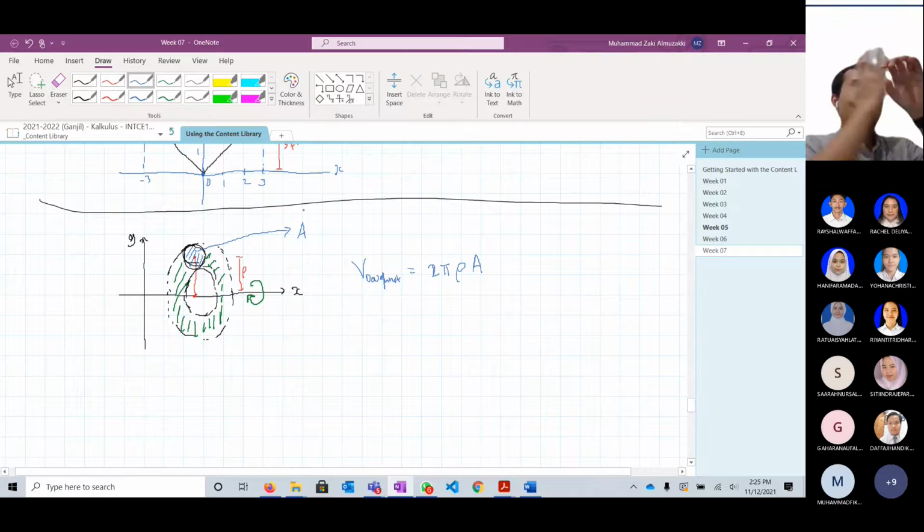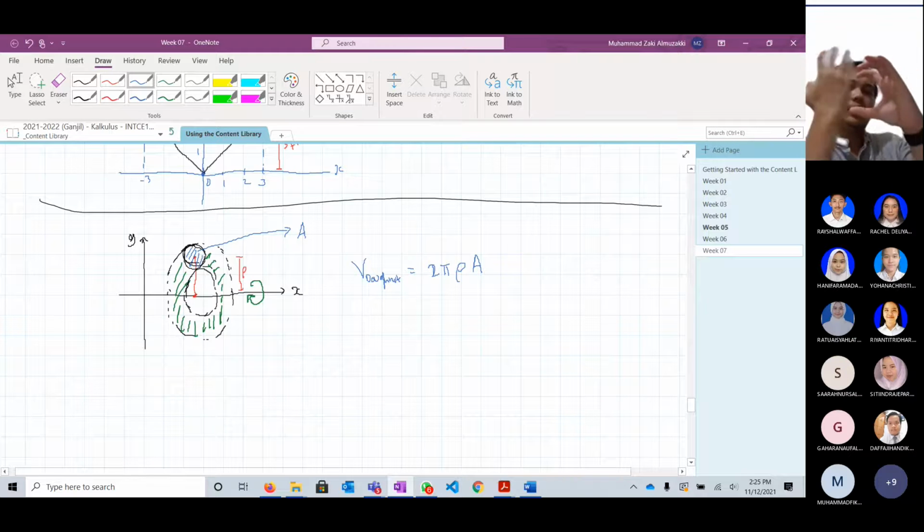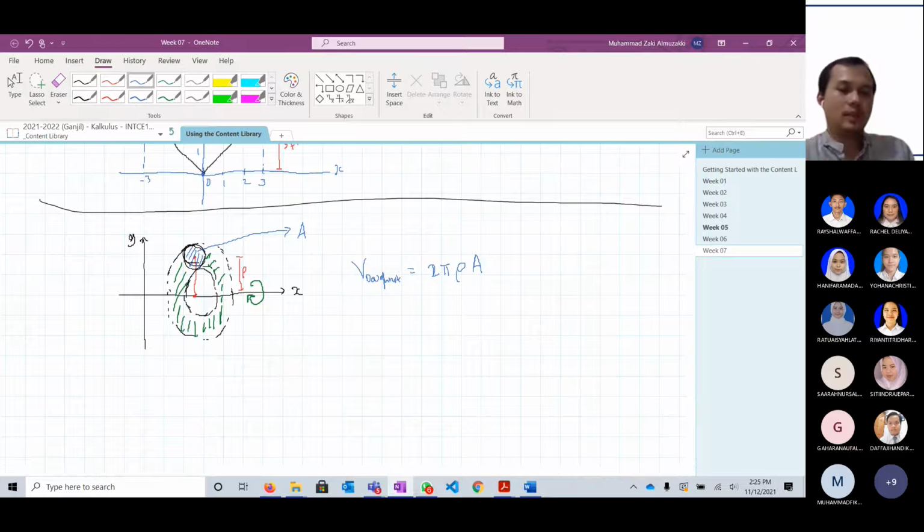If we cut a donut, then we will have a side that is shaped like a circle.